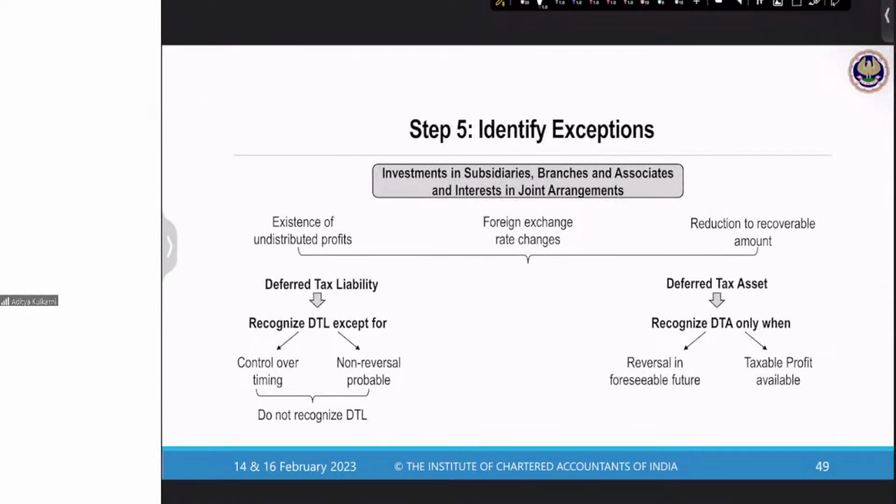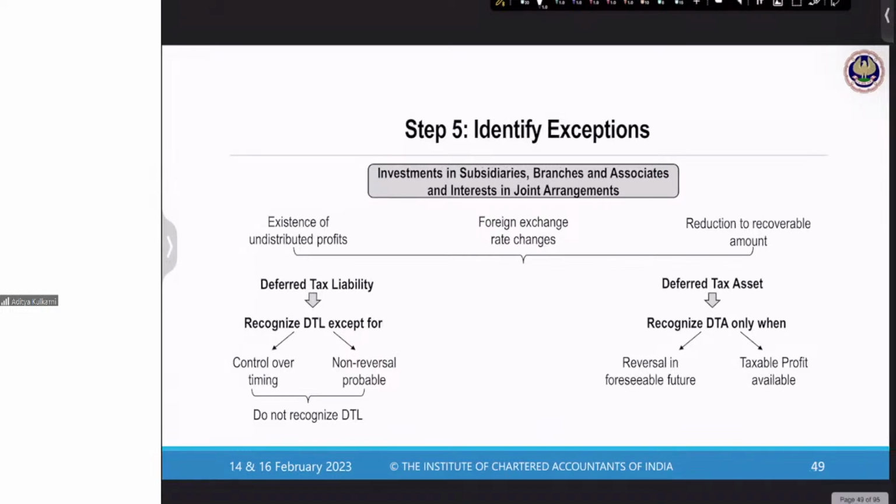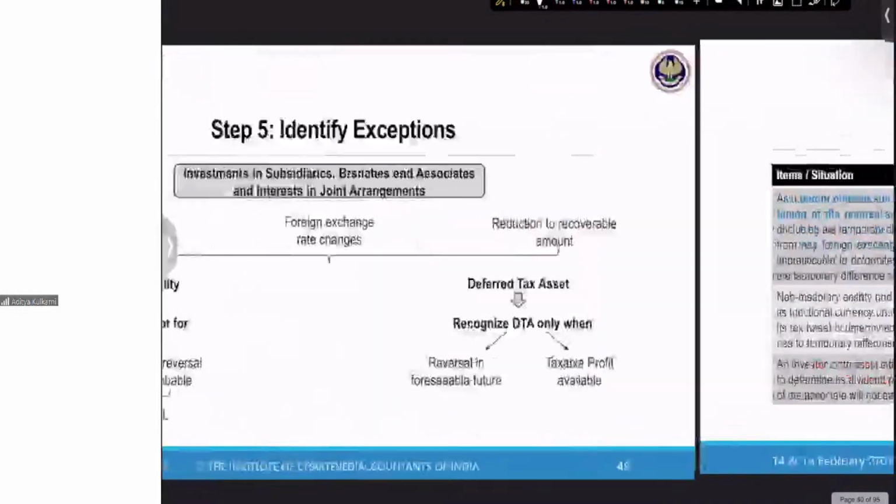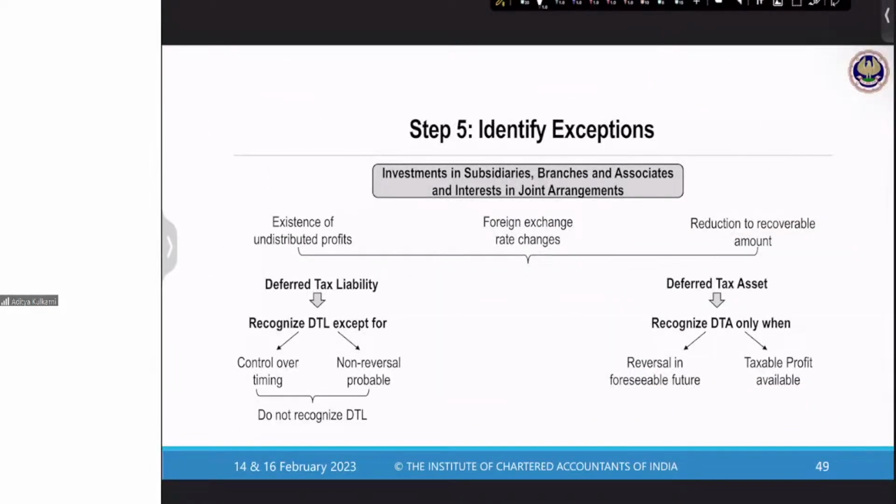Coming to the next part. Investment in subsidiaries, branches, and associates, as well as interests in joint arrangements. Okay. Now, why am I going to have this issue? What are the issues which I can foresee?